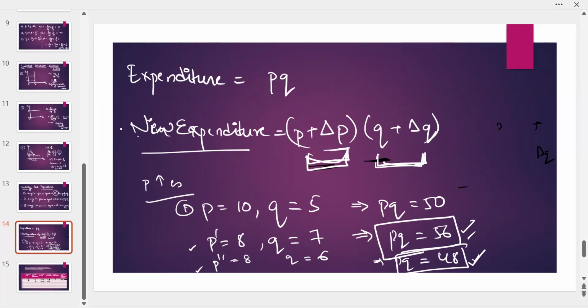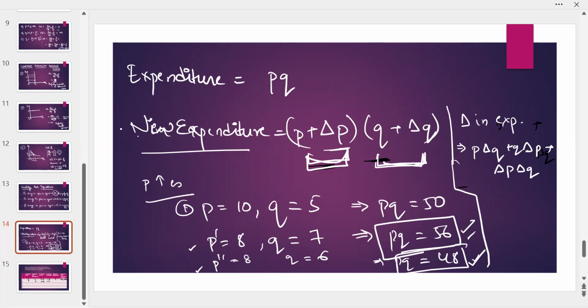However, the change in expenditure would be this entire expression minus PQ, correct? So what do we get in the end? I'm just writing it directly. It is P del Q plus Q del P plus del P del Q, correct? Why? Because PQ gets cancelled.